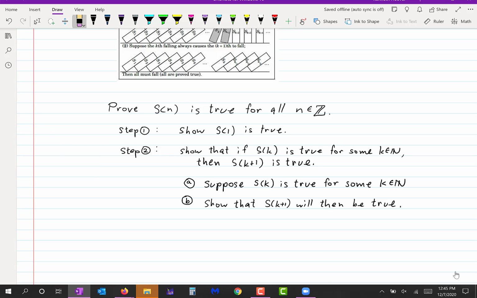Okay, and then if you do step 1 and you do step 2, which means write that down and show that, then you can make your conclusion, which would be S of n is true for all natural numbers n by the principle of mathematical induction.